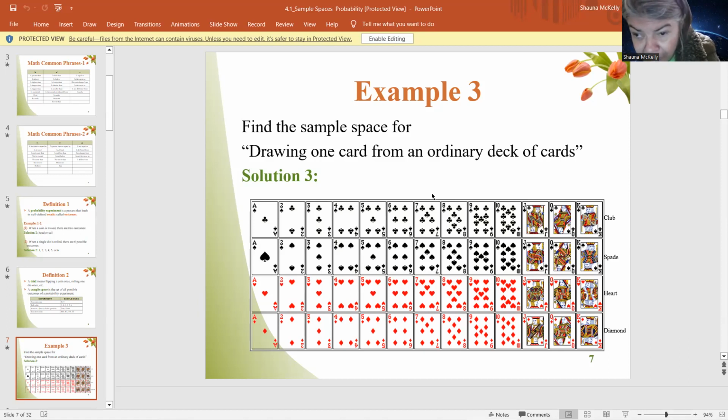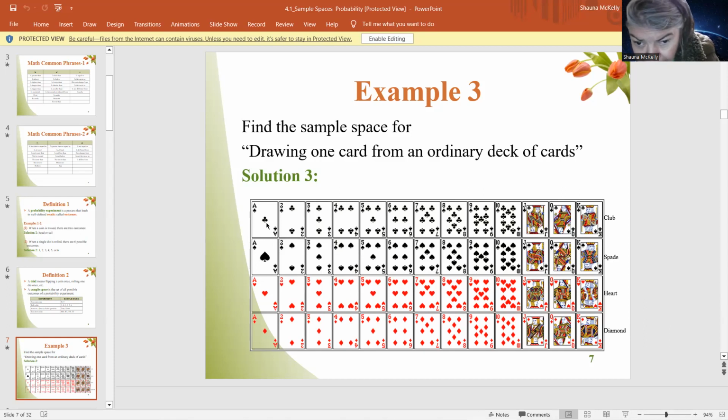But an ordinary deck means we've removed the jokers, we've taken them out. So we're dealing with just these 52 that you see on the screen, a standard or ordinary deck of 52. Once again, suits, there are 4 of them: clubs, spades, hearts, and diamonds.